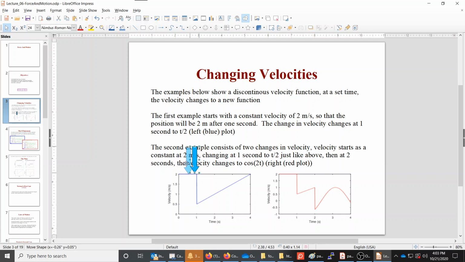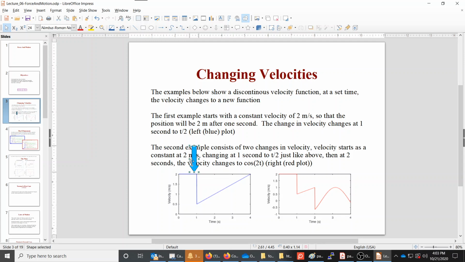It's not even given what the system is, just a system that has a constant velocity of 2 meters per second, and it maintains that for exactly 1 second. When we integrate that, we find that it traveled exactly 2 meters.